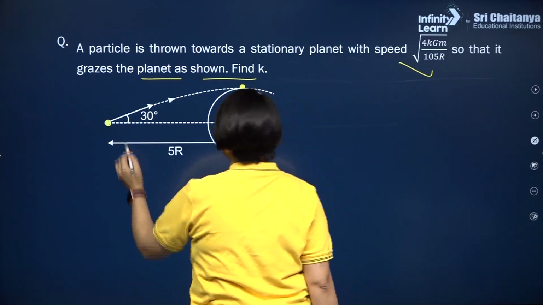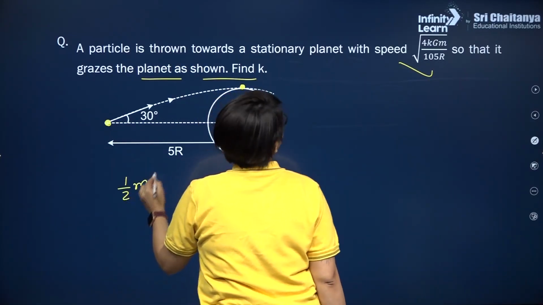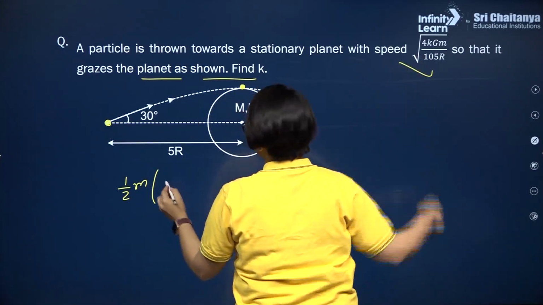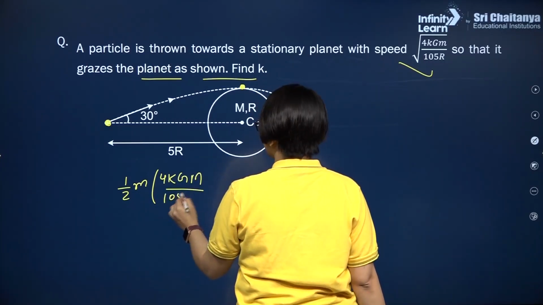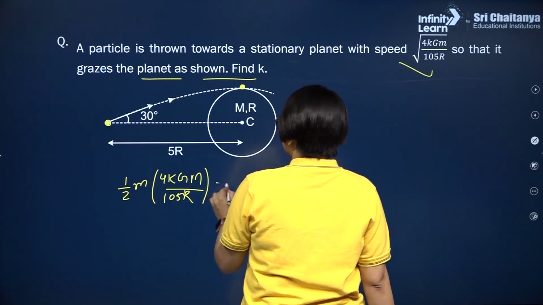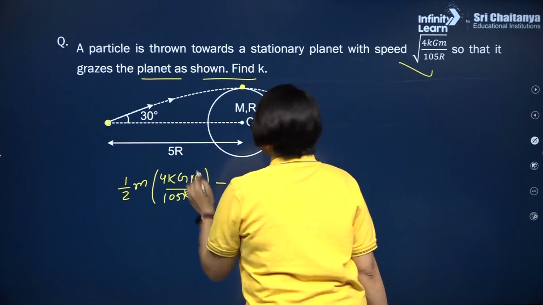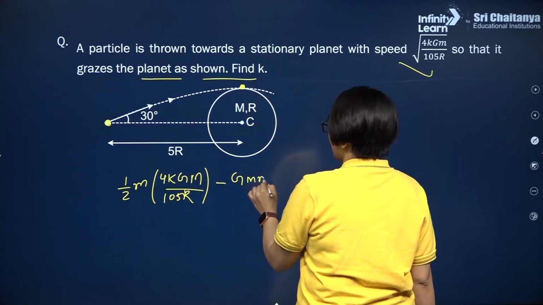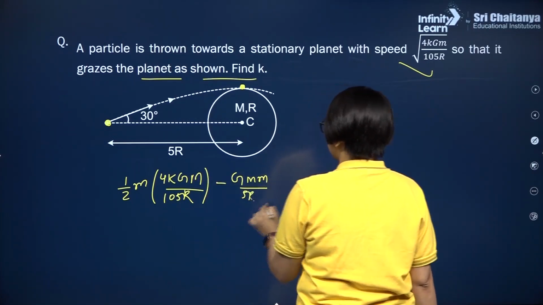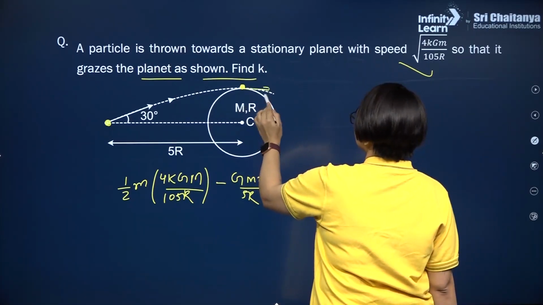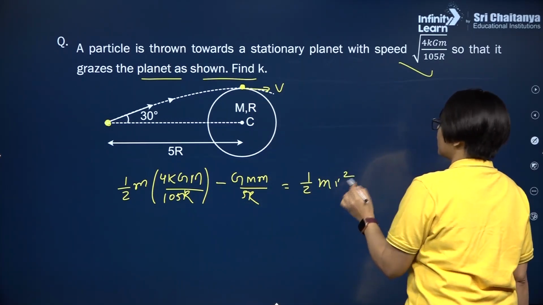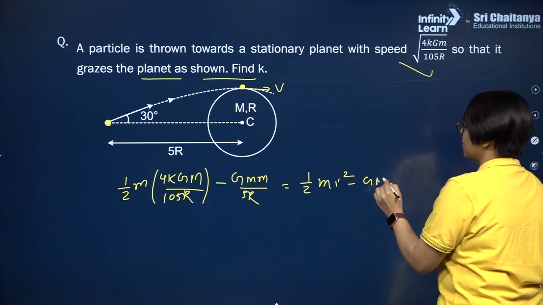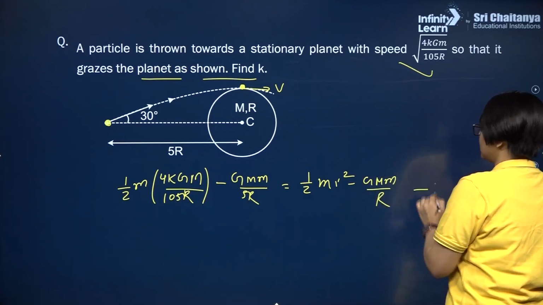Initial mechanical energy is half m v square, where v square is 4 k G M divided by 105 r, plus potential energy minus G M m divided by 5r, and that is equal to, let us say the speed at this point is v, kinetic energy half m v square and potential energy minus G M m divided by r. So, this is equation 1.